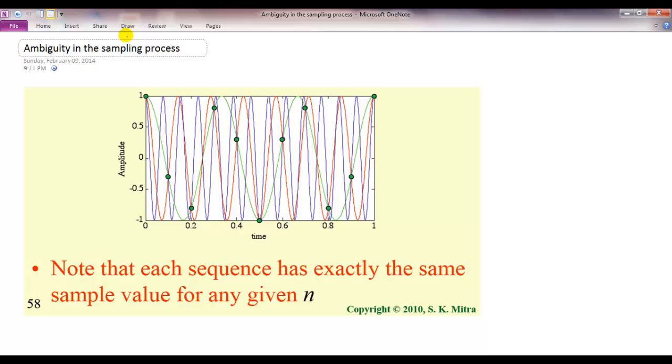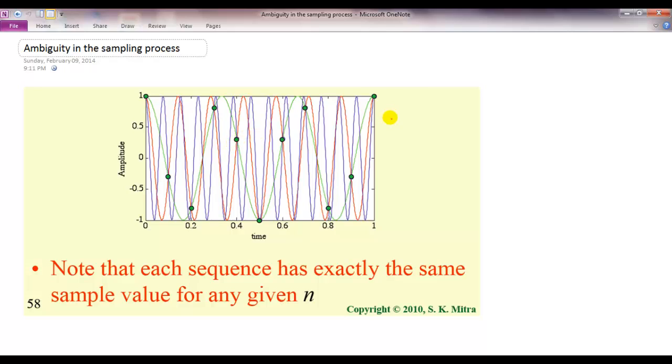So this is a graphical representation of the same phenomenon. The three cosines of different frequencies are shown in this plot using different colors. And the green ones are where you take the samples. As you see, these samples are part of all three sinusoids. That's the ambiguity part: because you are sampling at such a low rate, you can't tell if this sample is coming from the 3 hertz frequency or the 7 hertz or the 13 hertz one.